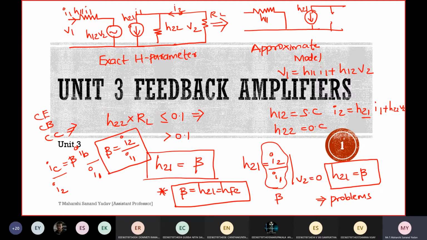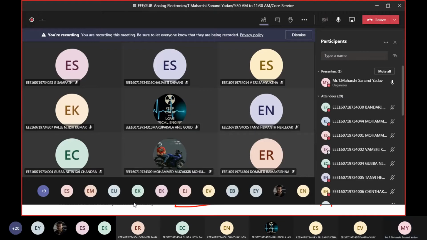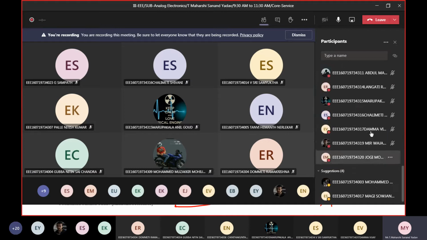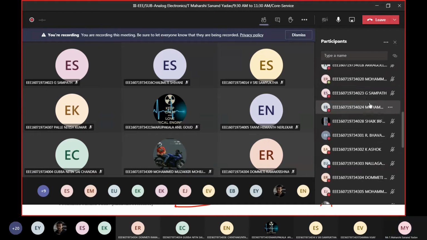What is the difference between input impedance and overall input impedance? Yes, roll number 18. Next, 20.